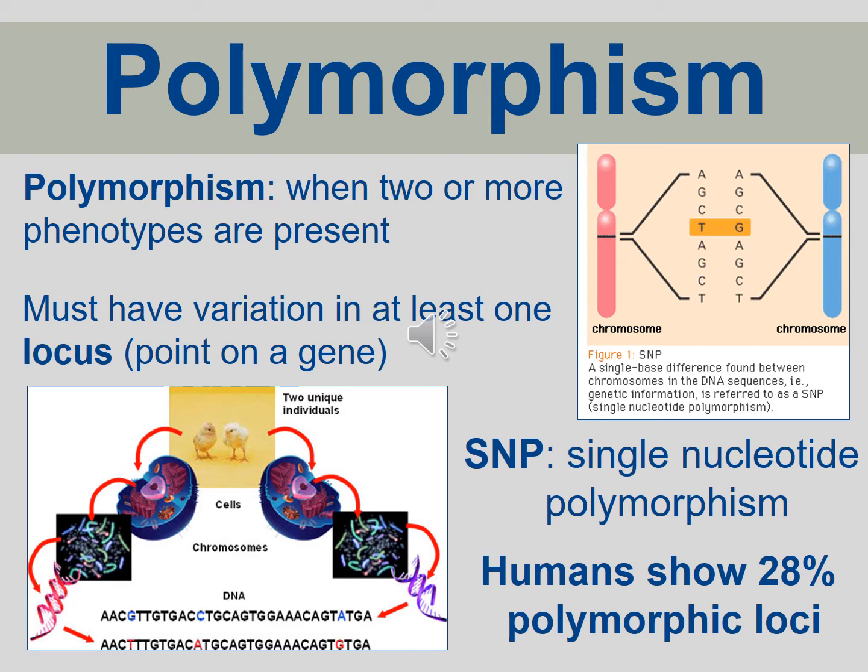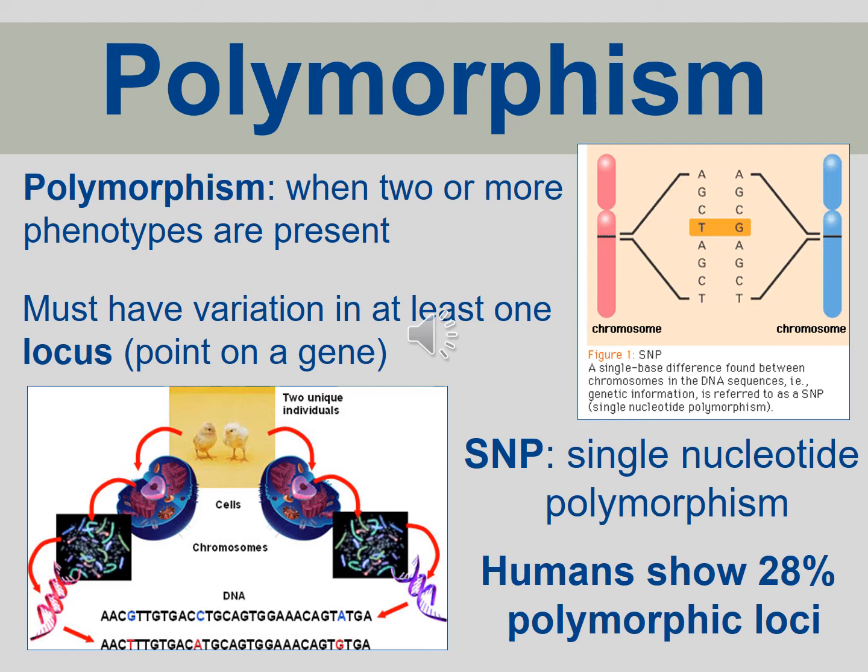Those are phenotypes, things that you can actually see and record, color, for instance, size, number of digits. When you look at DNA, you only need to have one single nucleotide polymorphism. That is one single base pair difference in your DNA to suggest that there are differences at that one point, or locus, on a gene. And so you can look at these two chicks in the picture at the bottom.